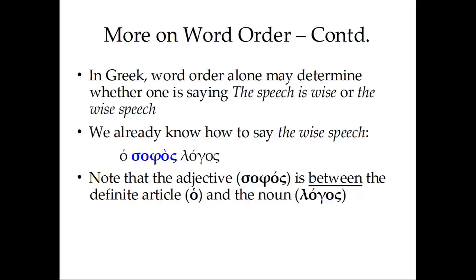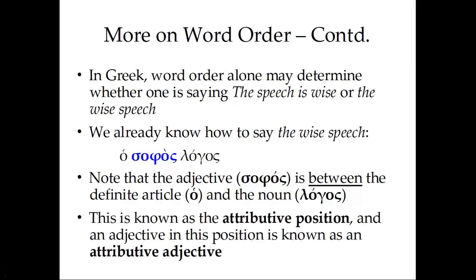It's between the two. This position is known as the attributive position, and an adjective in this position is known as an attributive adjective. It's a special kind of adjective. It's probably the most common kind. It's an adjective that attributes a certain quality to what it's describing. And we're not focusing on this attribution. It's not the focus of the sentence.